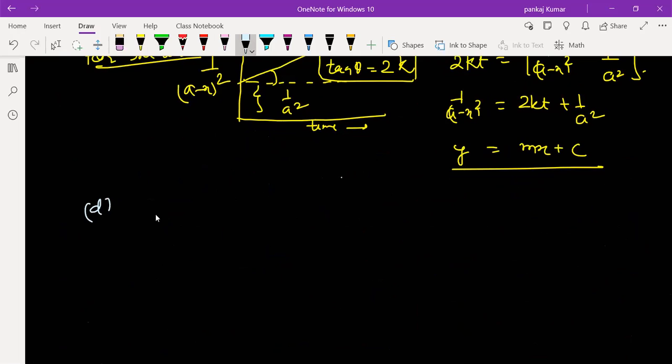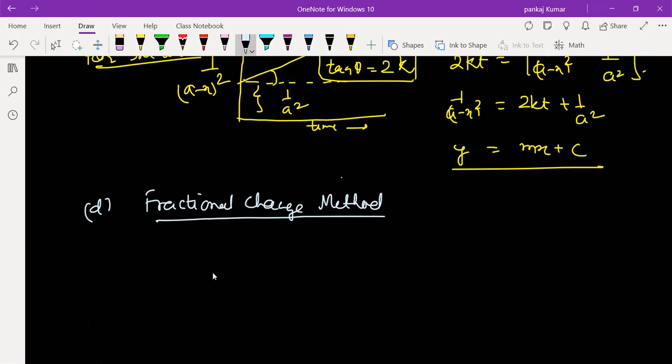We can use the fractional change method. In that case, T1 by n is proportional to A1 by n.